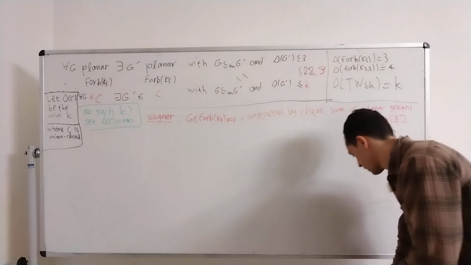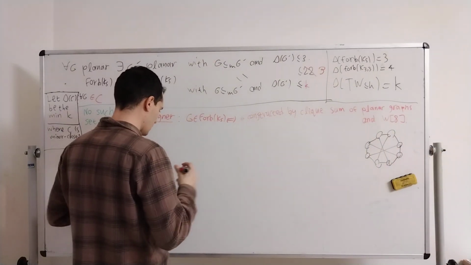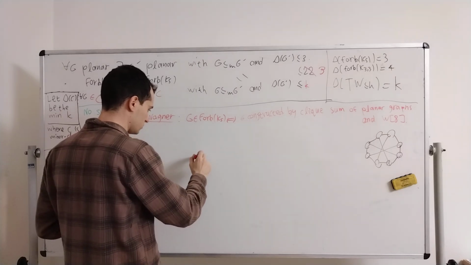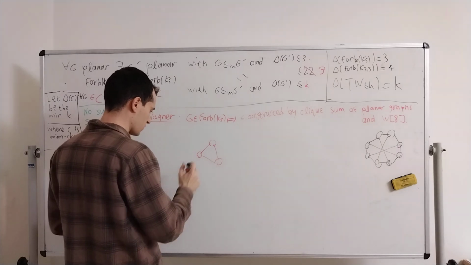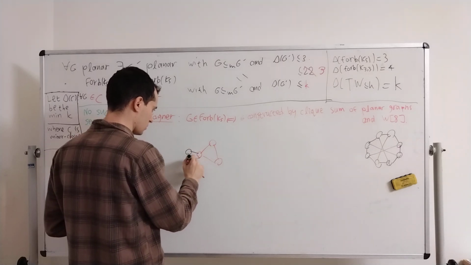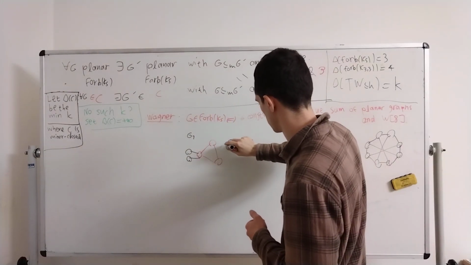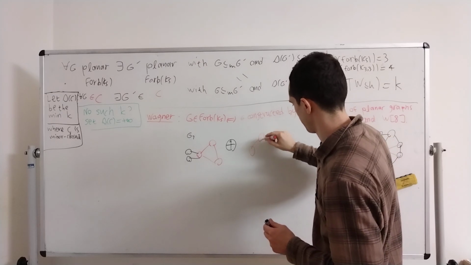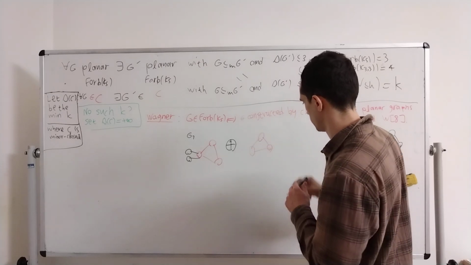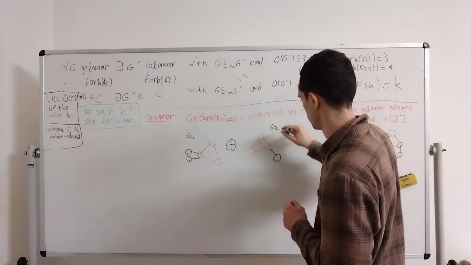And by a clique sum, we mean that. So let's take two graphs. Let this be G1. So this is a graph operation, this is its symbol. And this is another graph, G2.